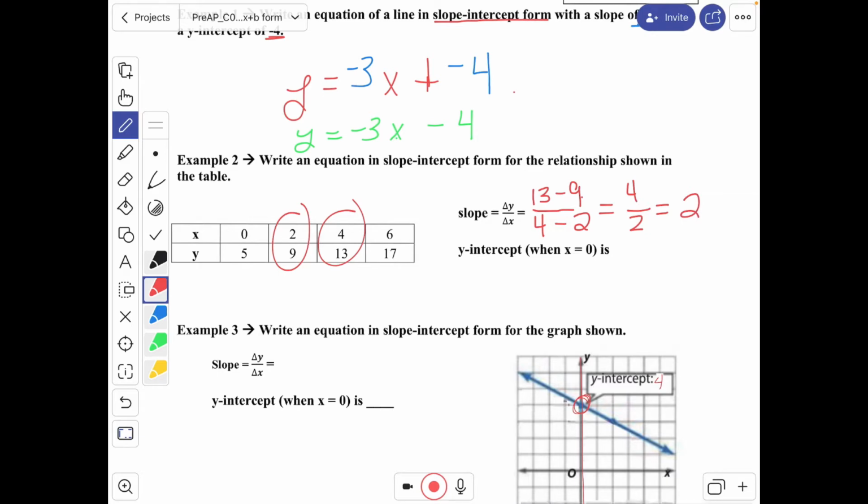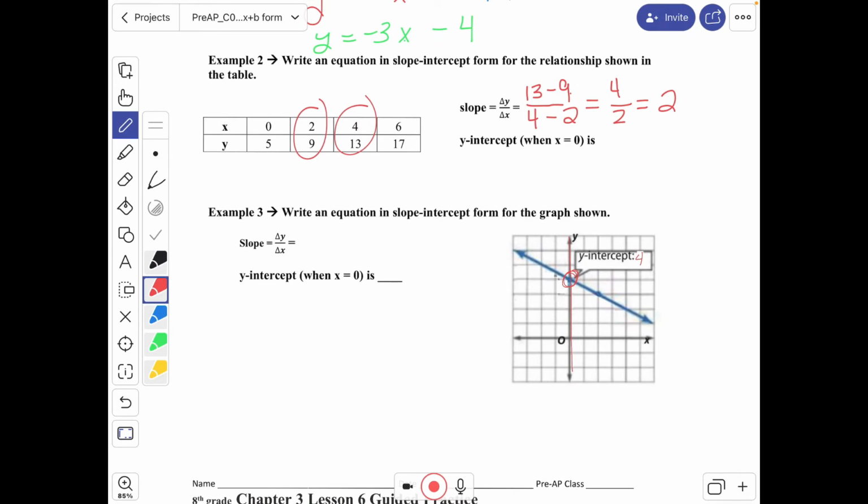And the y-intercept is wherever x is 0. So if you go back to our graph down here, this point where it crossed, that was 0, 4. So wherever x is 0, the number that's the y is the y-intercept. So for this one, that would be -5.